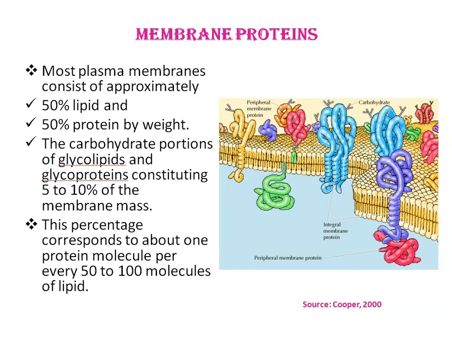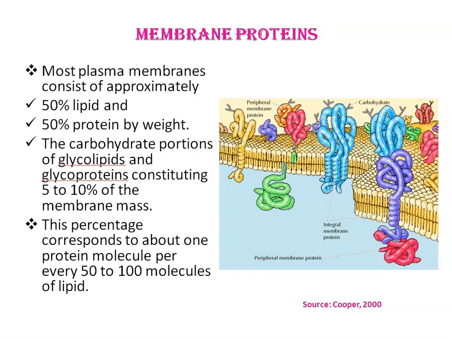Next is membrane proteins. Most plasma membranes consist of approximately 50% lipid and 50% protein by weight, with the carbohydrate portion of glycolipids and glycoproteins constituting 5 to 10% of the membrane mass.